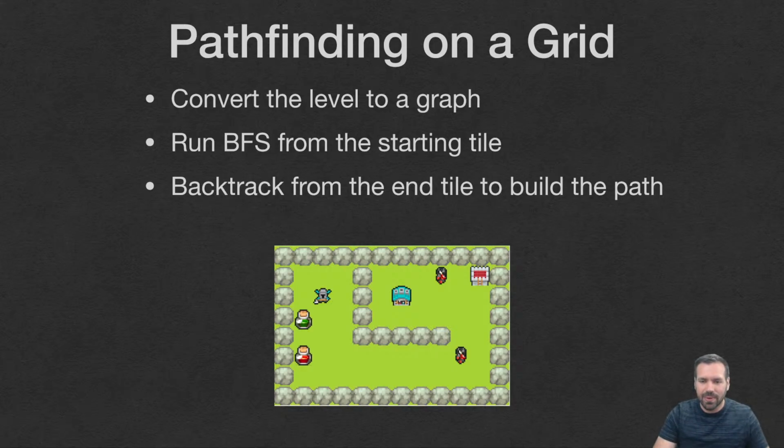When you have a game with really dumb AI like that, it's not really that interesting. But with BFS, we can get this AI to track down the player while avoiding walls.